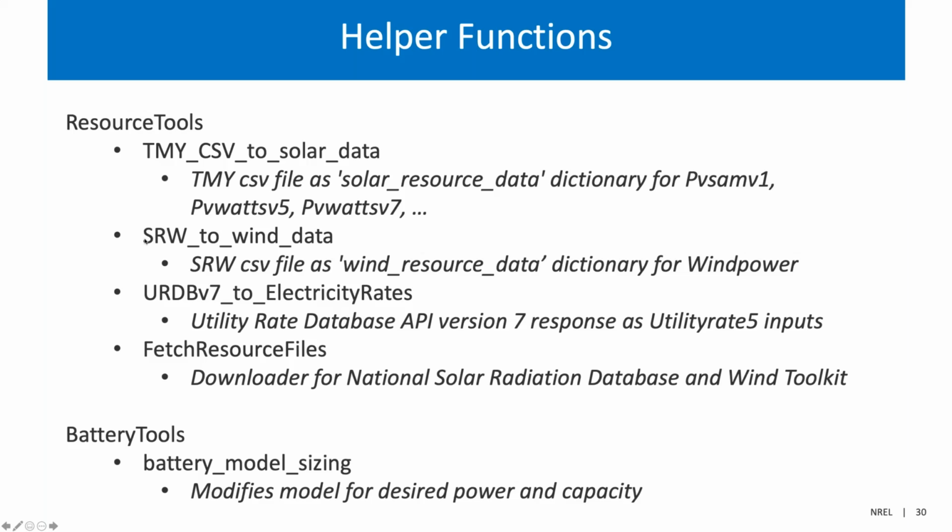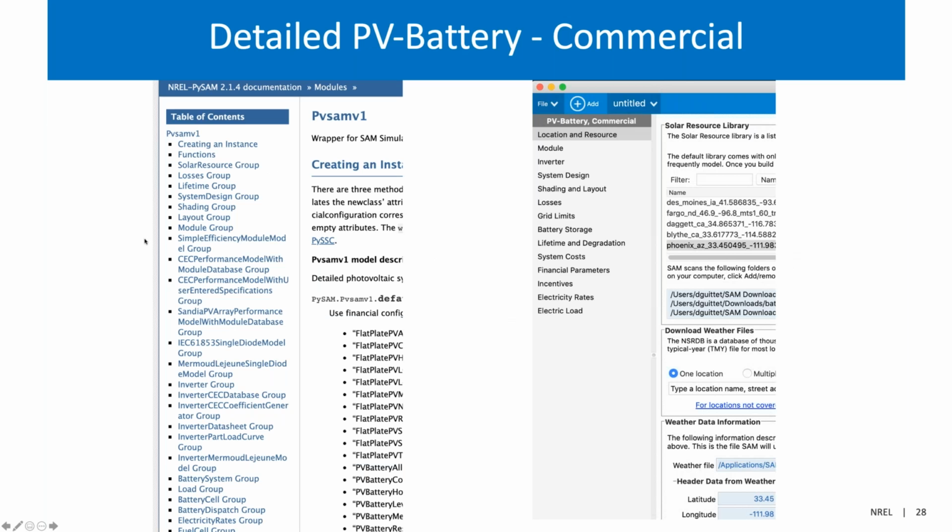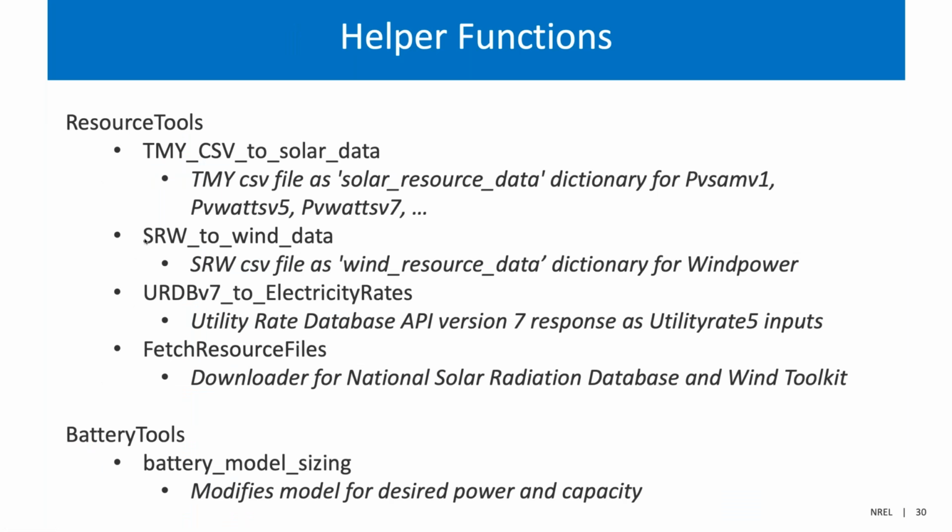The second function is very similar, except it does that for wind data. It loads up a wind file and then converts it to the wind resource data. And then you can use that directly as wind resource data in wind power modules.